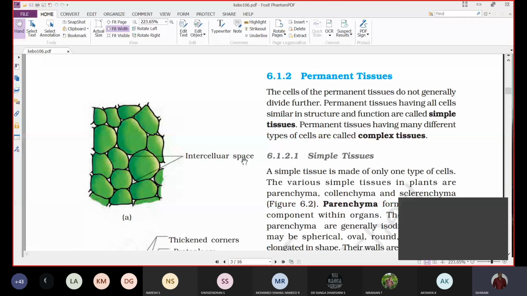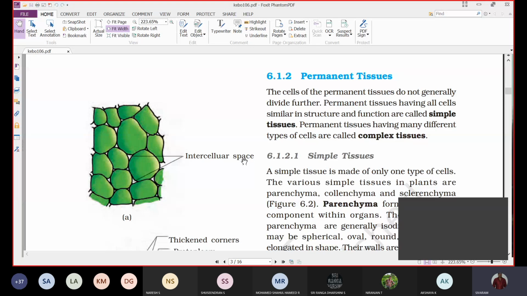So already we said very clearly, meristematic tissue means the tissue whose cells have the ability to continue to divide. And the permanent tissue means the tissue which has lost its ability to divide.